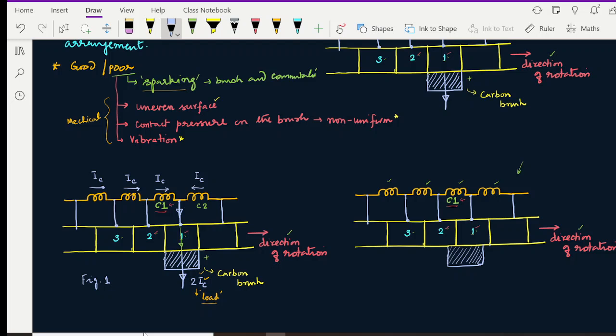Now, part of the brush has started getting connected to commutator segment 2, and it is slowly leaving commutator segment 1. So at this junction, for sure the current which is being ejected from the brush will still be 2IC, because you are not disturbing the load.